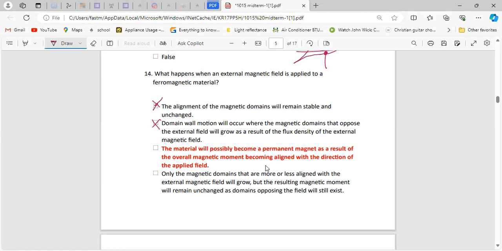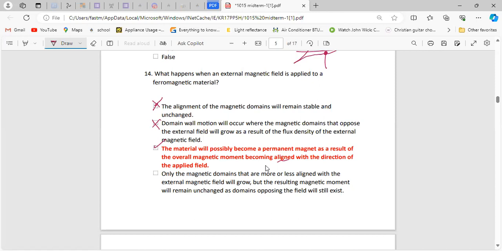The material will possibly become a permanent magnet as a result of the overall magnetic moment becoming aligned. That's beautiful. Yes, it could become a permanent magnet. When the domains are aligned and you remove the magnetic field, depending on the type of core, it could just stay aligned and become a permanent magnet. Some materials, when you magnetize them and remove the thing that magnetizes them, will just go back to being non-magnetized. Some materials will just remain magnetized.